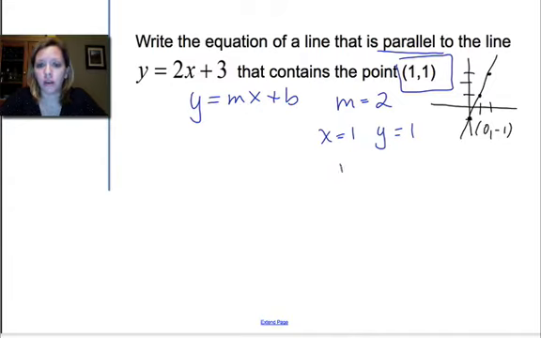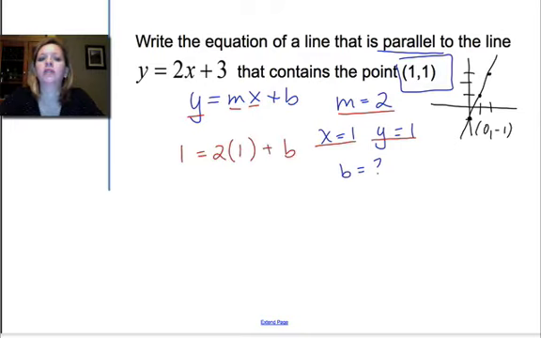What I don't yet know is the value of the intercept, b. So we plug in 2 for m, 1 for x, and 1 for y. That leaves just one thing to solve for, which is b. Let's finish and solve this equation.